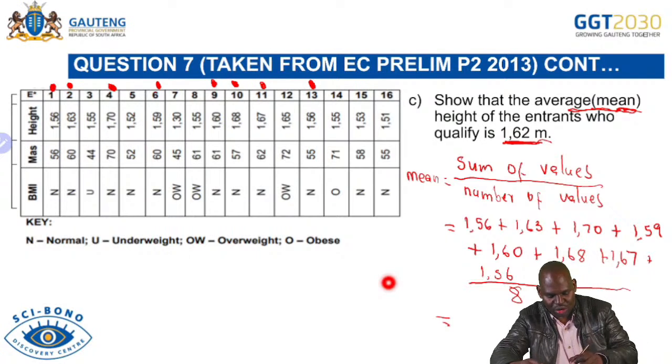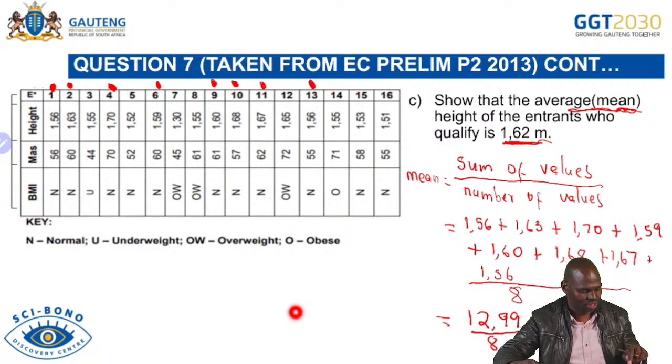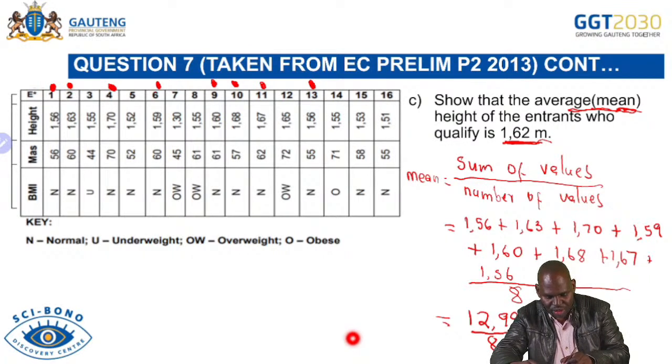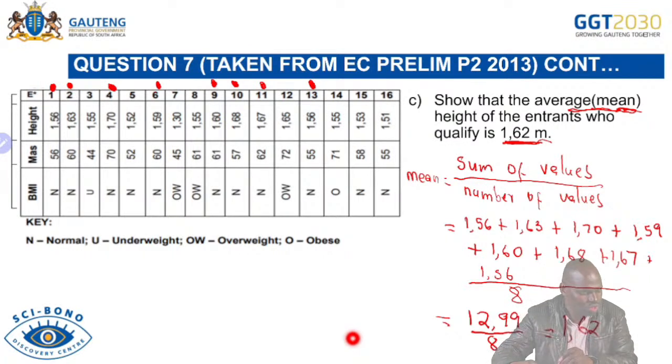Okay, I get 12.99. Then we still have to divide by 8. So if I calculate it correctly, divided by 8, I get 1.62375.